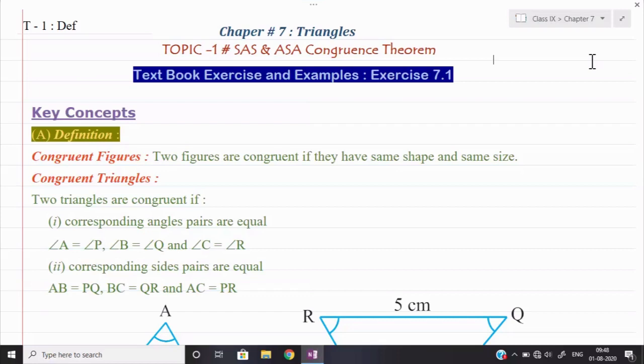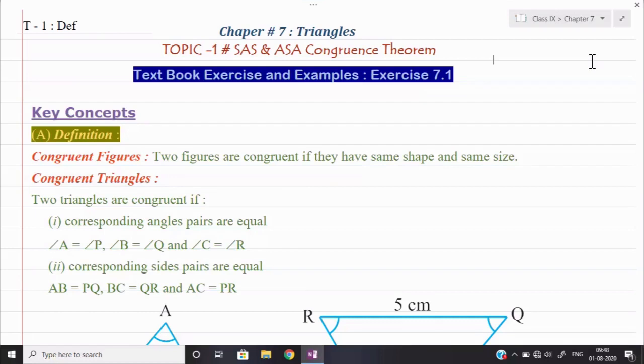It can be a triangle, a rectangle, a square, a circle, any geometrical figure you can think of. The definition is given in such a way: two figures are congruent if they have the same shape and the same size. For example, a triangle and a rectangle cannot have the same shape, right? So the shape should be the same.